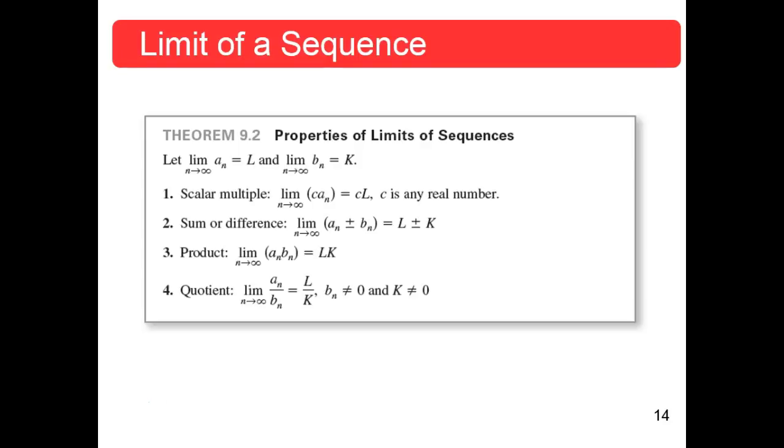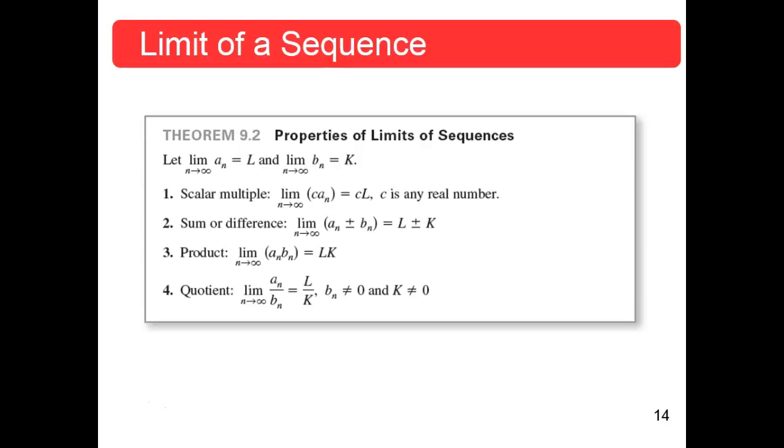No matter how big the c is, c could be 3,487,000. If this limit exists and you multiply every term in that limit by an enormous number, or a small number, it doesn't matter, it's still going to have a limit. It'll just be that enormous number or small number times the previous limit.